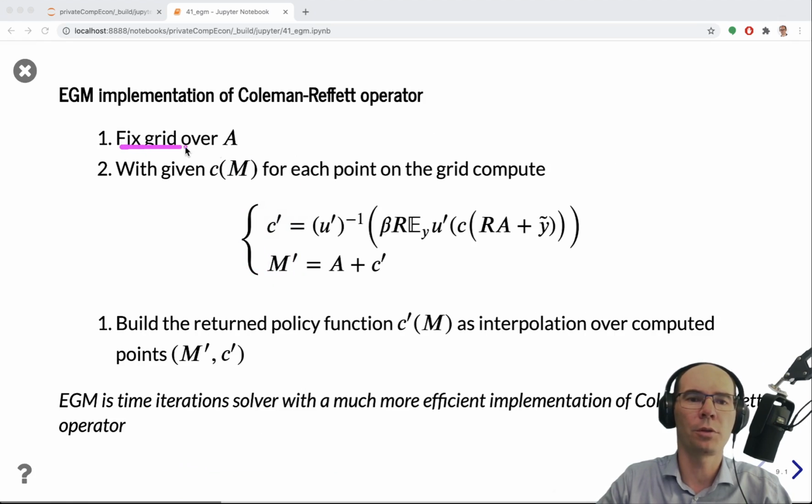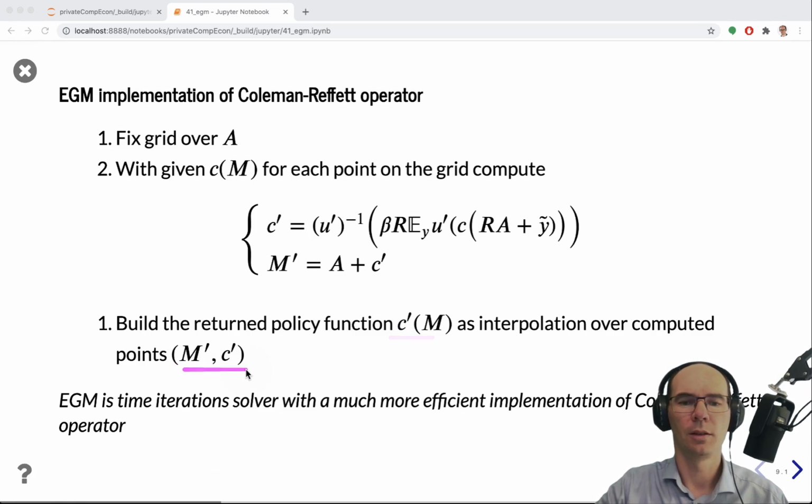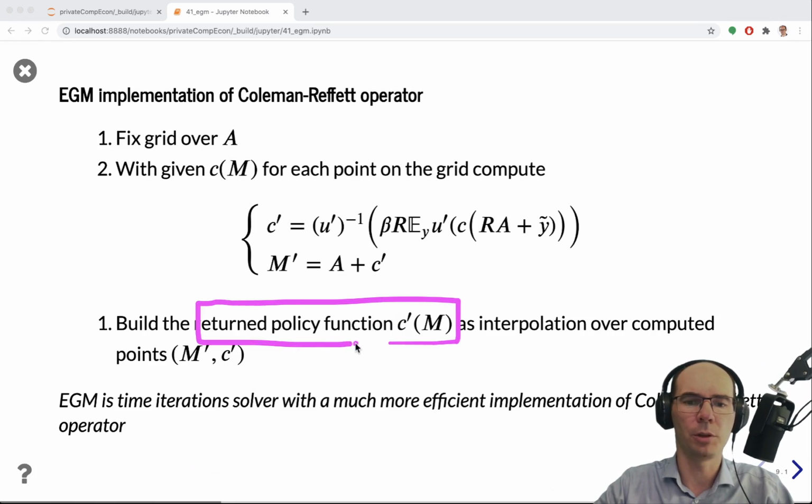And now we can go through a grid of A and plug different values here for A and recover the pairs of C prime and M prime, and then combine them into the updated policy function, which I call here C prime of M. Again, primes here mean updating. They're not derivatives, so next period. Yeah, I'm not sure I should have used primes all that much. But yeah, so this is the updated, returned policy function.